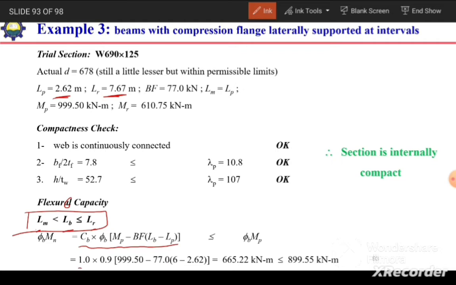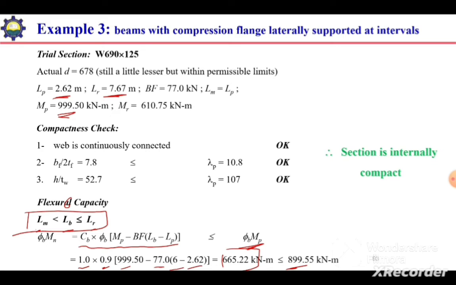And here Cb is equal to 1, φb is 0.9, Mp is 999, BF slope is 77, Lb is 6 and Lp is 2.64. So its value comes out to be 665, and it should be less than φb Mp, which is 899.